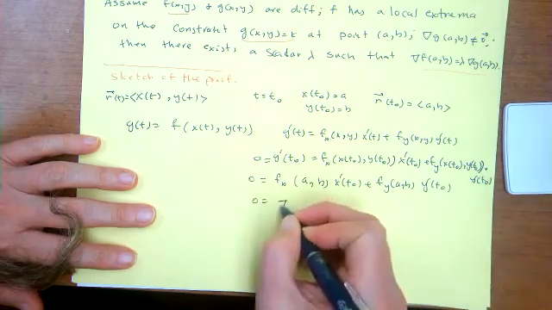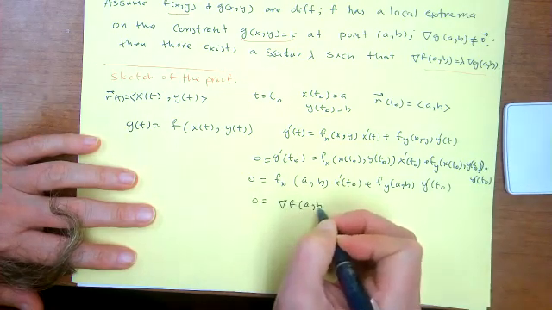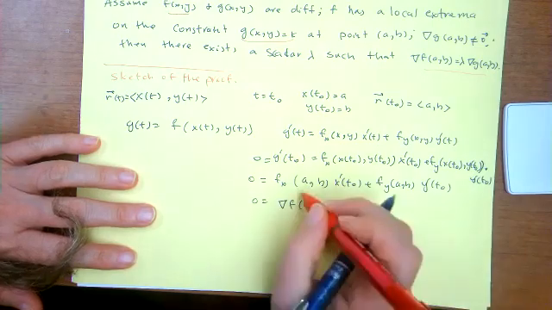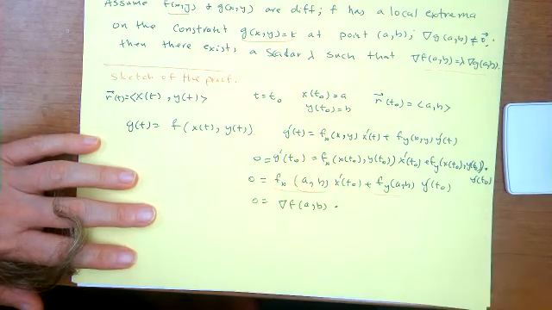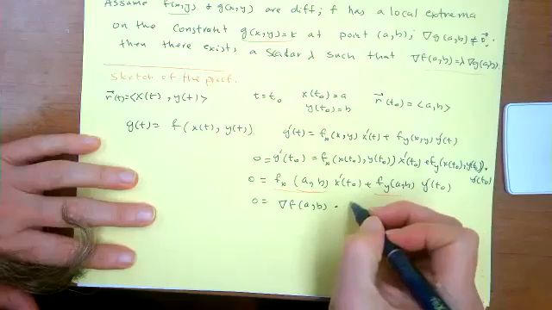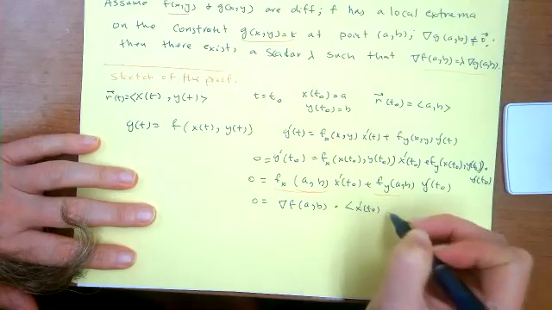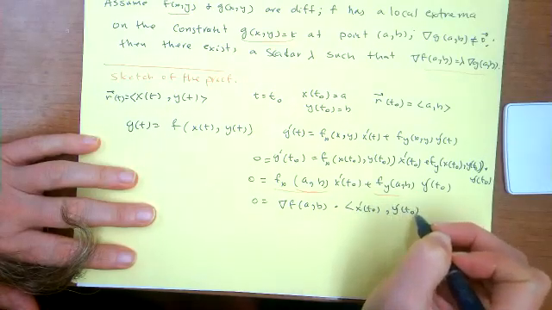The next step is I'm rewriting this as the product of the gradient times something else. So 0 is equal to gradient of f at a and b, because these two make the gradient, dot x prime of t0 and y prime of t0.